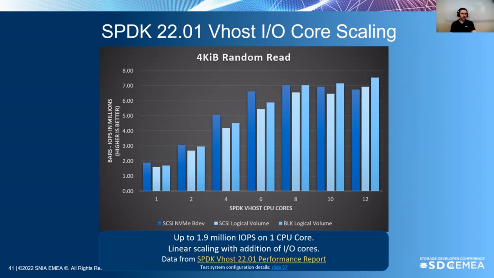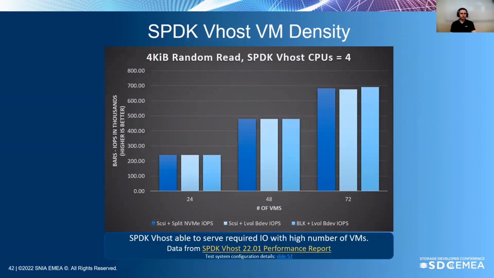With our current hardware setup, we were able to get a peak result of about 7 million IOPS. Here we can see results which show IOPS when SPDK is constrained to use just 4 SPDK cores. We expect each VM to be able to process 10,000 IOs per second, and SPDK Vhost target is able to meet those expectations and serve 72 virtual machines.